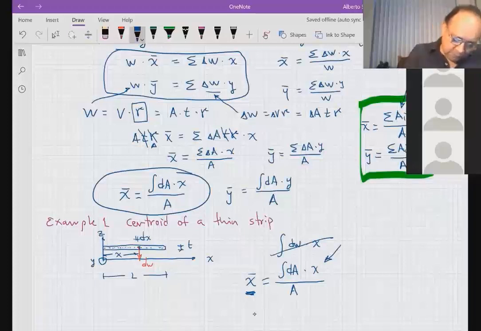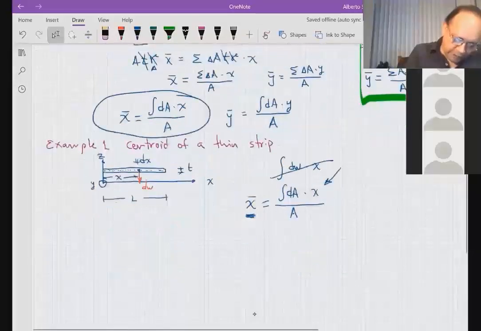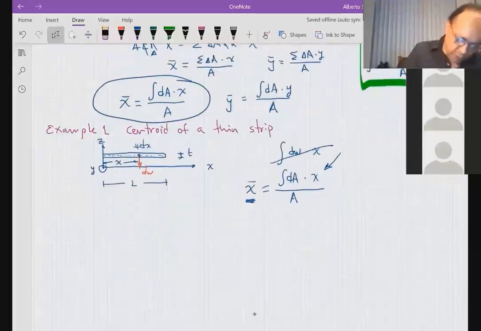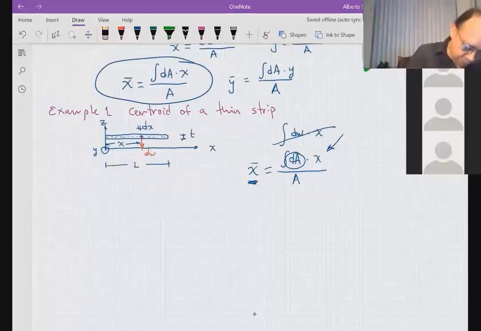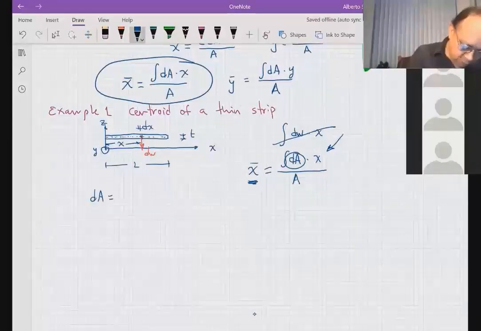So we need to make this integral, and we need to find dA in order to do it. What is dA? The area is equal to the base, which is x, and the height, which is t.